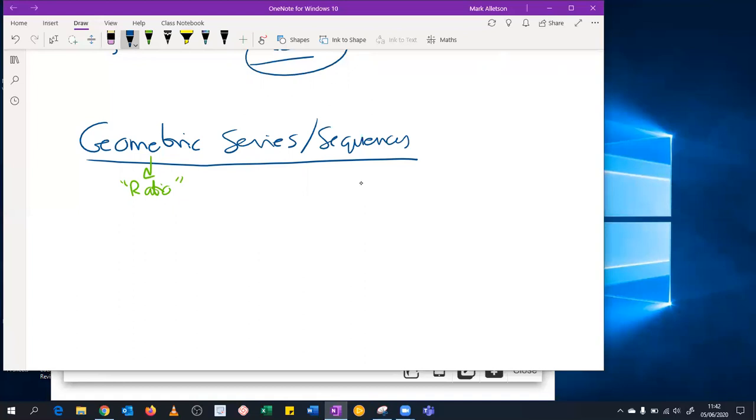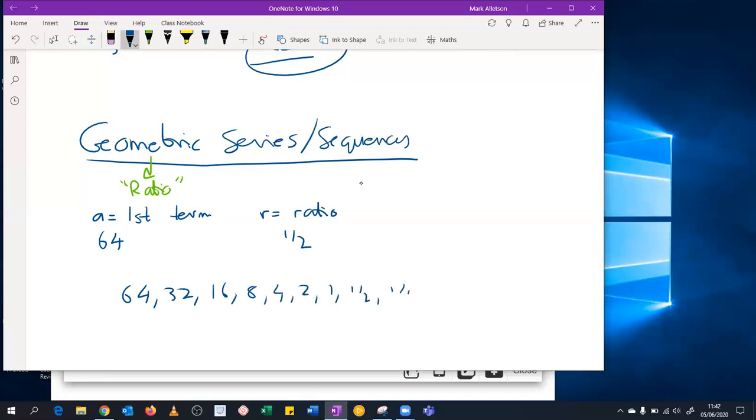For example, I could start with 64, and this would be our a. And rather than having a difference, a is still the first term, r is the ratio, which is what you multiply by to get the next number. I'm going to say the ratio is going to be a half. Therefore, your sequence here would have been 64, 32, 16, 8, 4, 2, 1, half, etc.